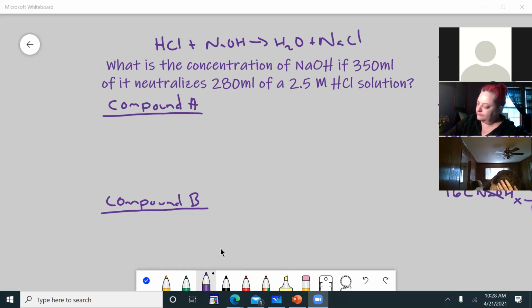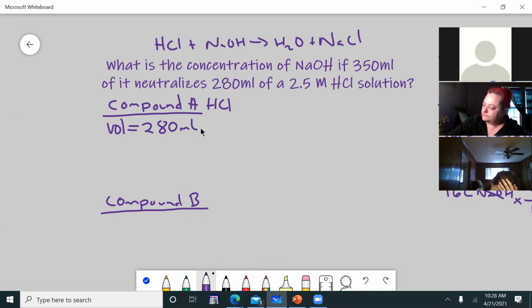Okay, so compound A for this problem should be the hydrochloric acid because we know two things about it. We know its volume, and the volume for this is 280 milliliters. Now, because we're doing dimensional analysis with molarity, which is in a unit of mole per liter, we want to get that right out of milliliter into liter. So it should be 0.280 liters of HCl.